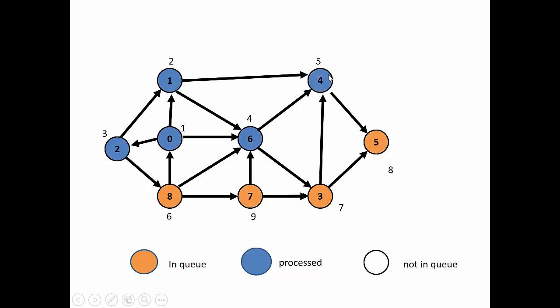So we take that, and then we put the neighbors into the queue. That becomes 8, and now we process the next number 6, and then the next number 7, next number 8, next number 9, and that's how the BFS would work. So it gives you what vertices we can reach from a given vertex.